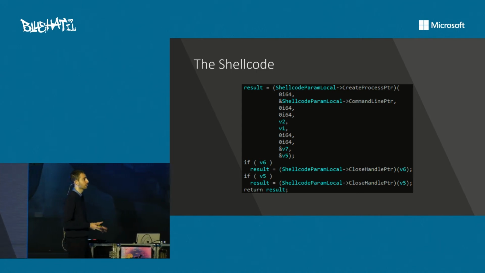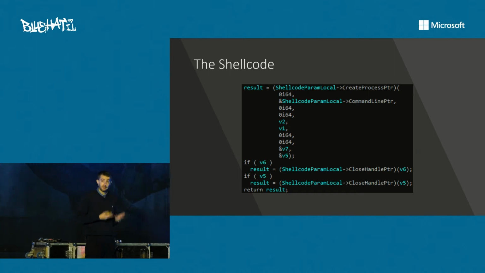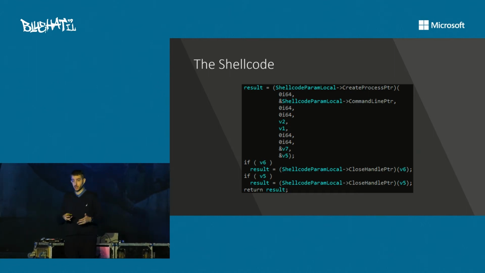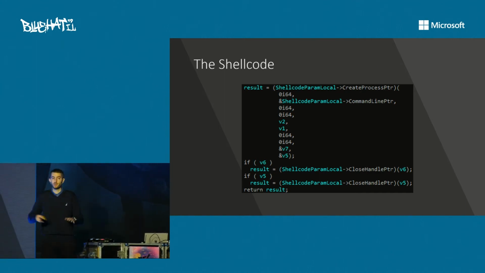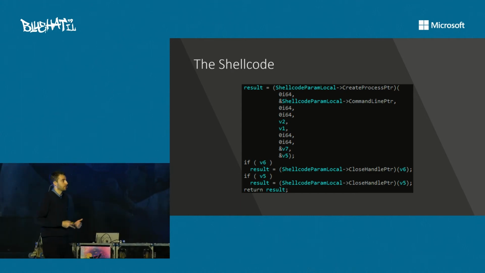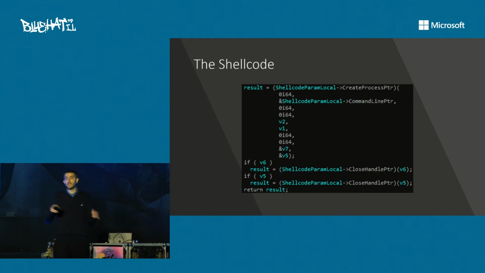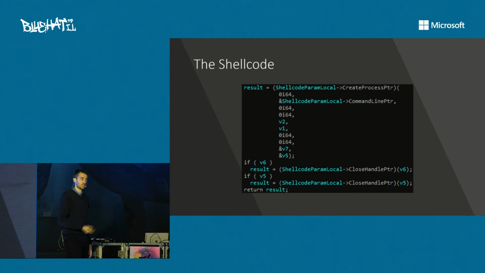First, it extracts the function pointer of create process and invokes it on the string, which is part of the parameter block, which stands for a command line. So the whole purpose of the shellcode being run in services is to basically execute a generic command line. A generic command line executor in services.